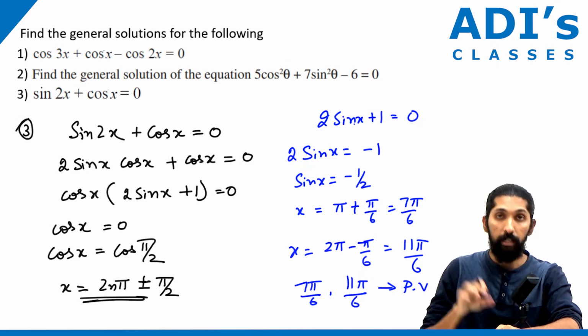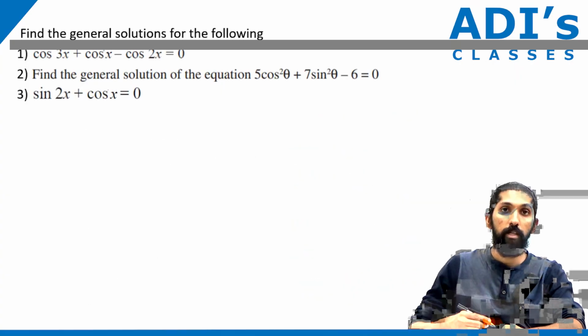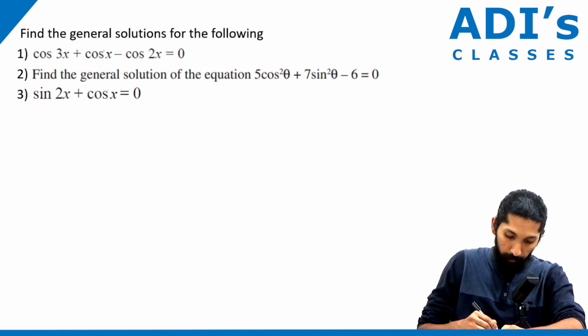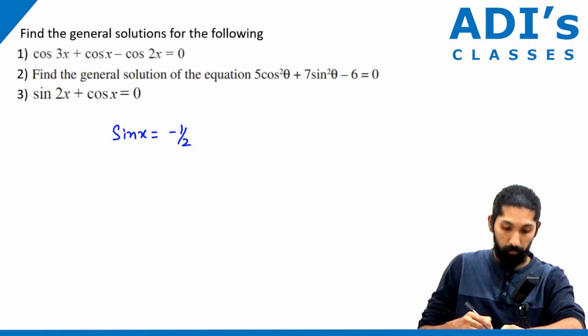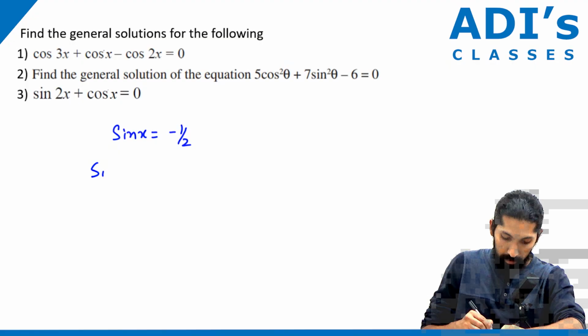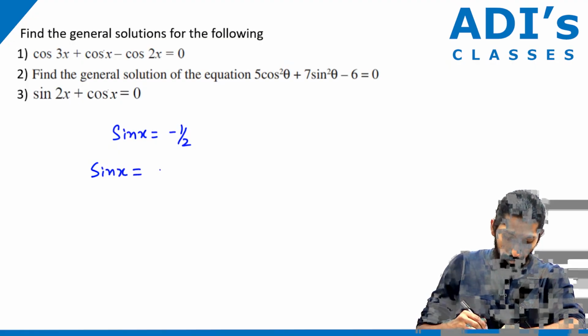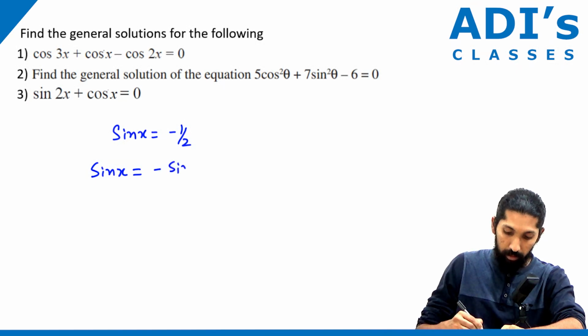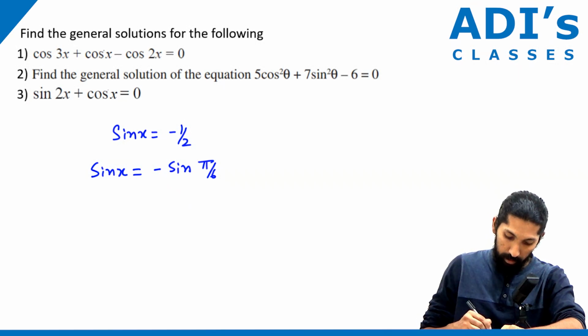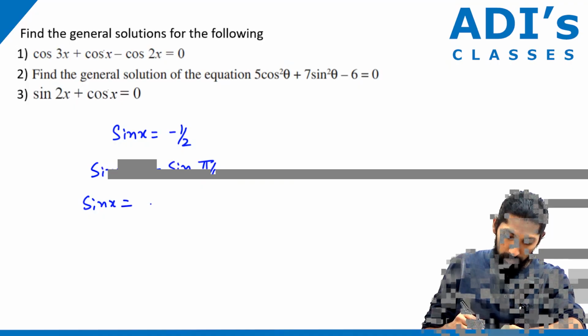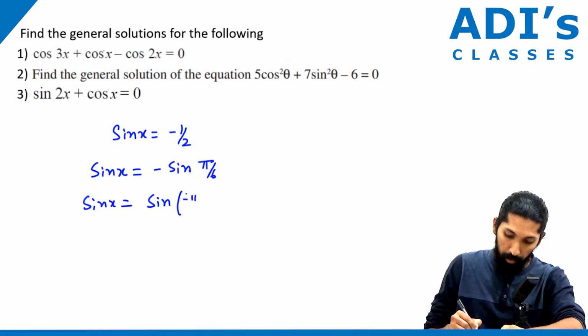Now, next we'll calculate the general solution. Alright, see what we have is sin of x is equal to -half, right? So we can write sin x is equal to minus sin pi by 6, or sin x is equal to sin of minus pi by 6.